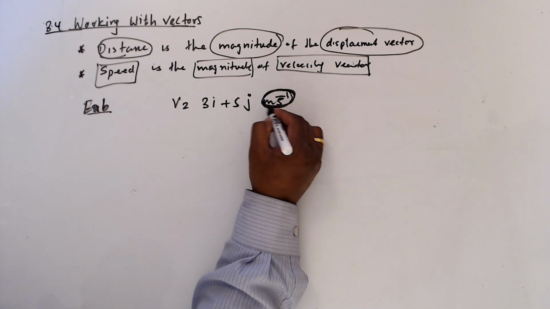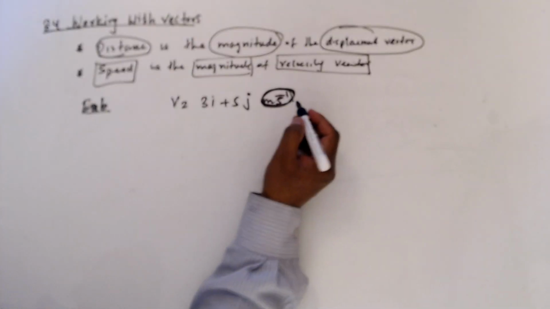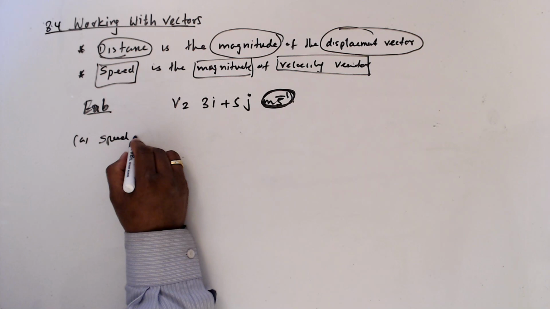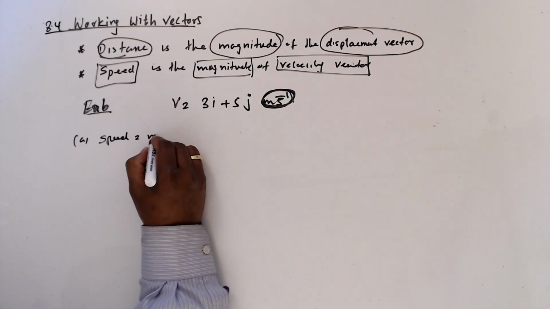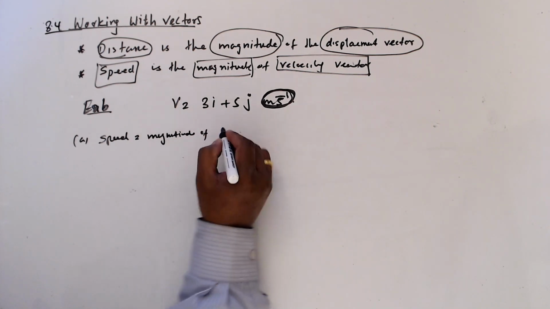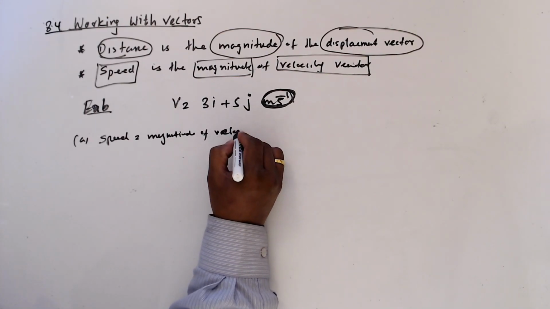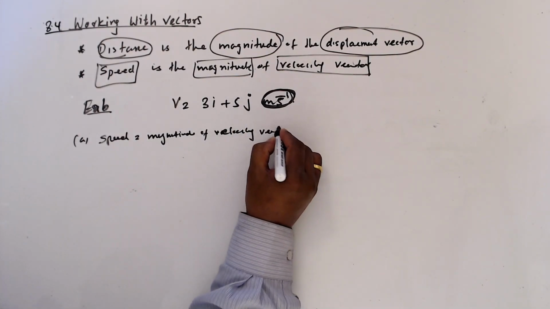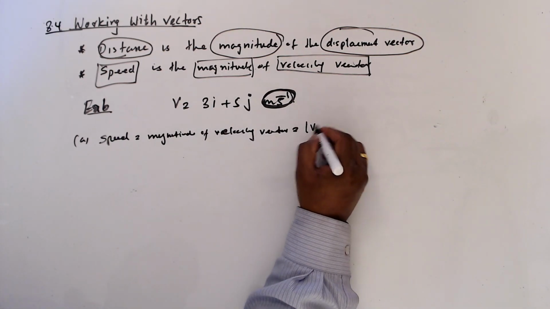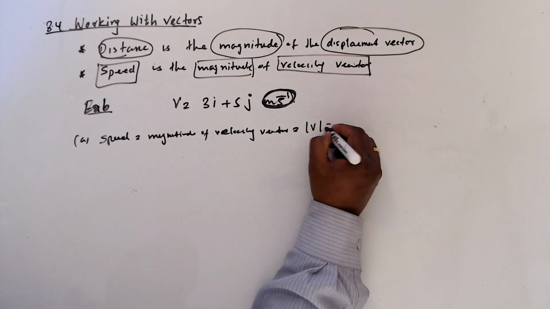Now we need the speed. First question: the magnitude of the velocity vector, which is V. How can we find the magnitude?